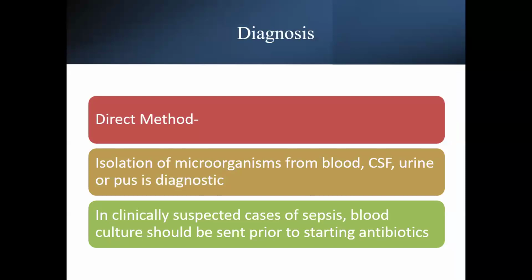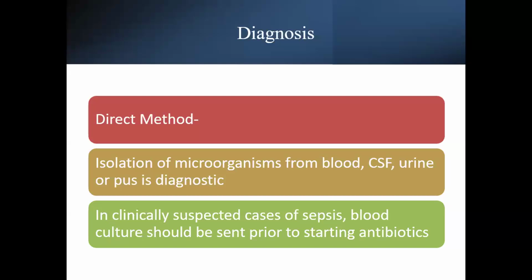So there are direct methods, and the most common gold standard which is used is isolation from blood, CSF, urine, or pus. So we usually do blood culture and always try to send the blood culture prior to starting antibiotics. Even if you are not getting enough blood, I will prefer to send blood culture as compared to the sepsis screen.